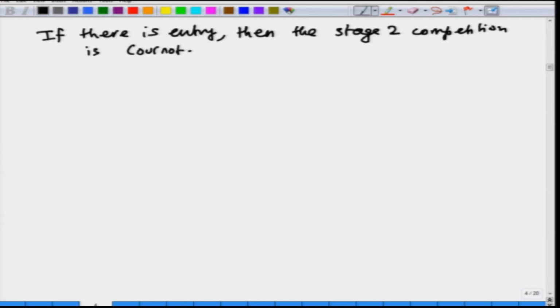So, when the entrant decides to enter in stage 2, it needs to choose both its capacity K2 as well as what quantity it wants to produce. As far as firm 1 or the incumbent is concerned, it has already chosen the capacity K1 bar in stage 1. So, it chooses a Q1 in stage 2, and if it wants to add to capacity, it needs also to choose the amount of capacity that it wants to add in stage 2.